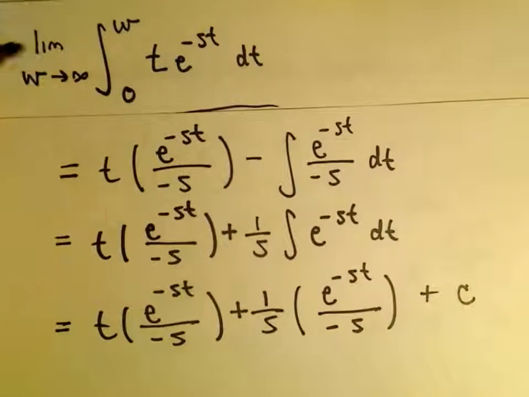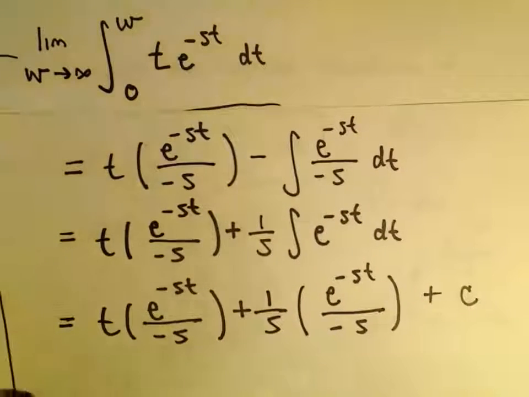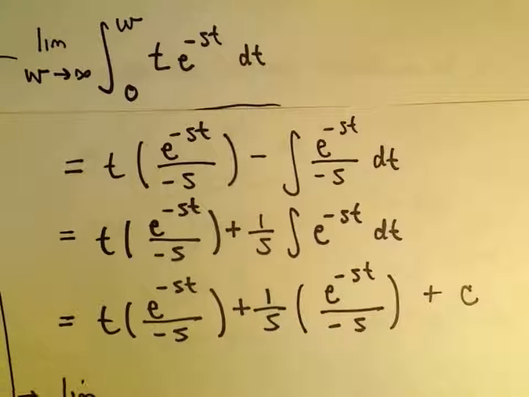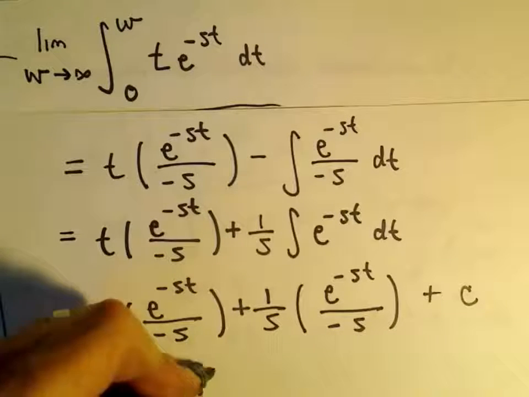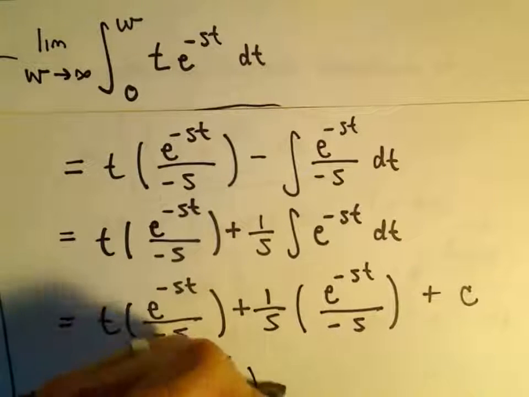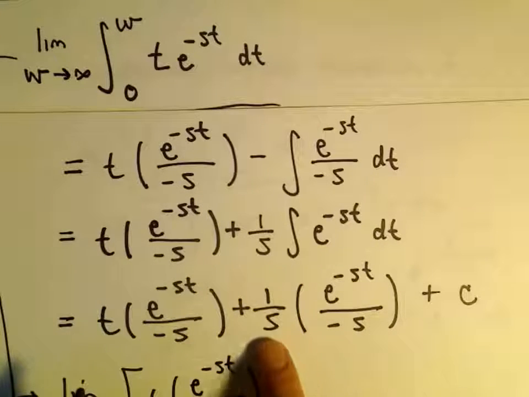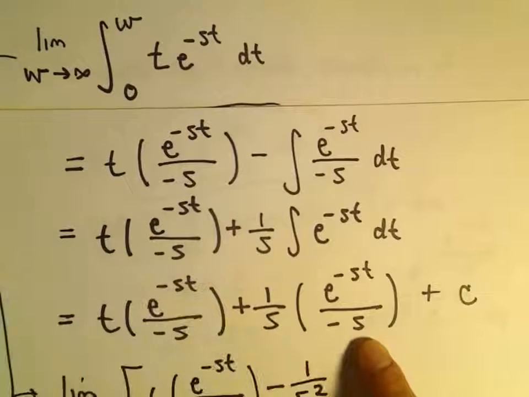So what that really says is, for this original integral, what we would actually get is the limit as w goes to infinity of t e to the negative st over negative s. It looks like we'll get a minus, so we've got 1 over s, and we've got an s in the bottom. That'll give us 1 over s squared.